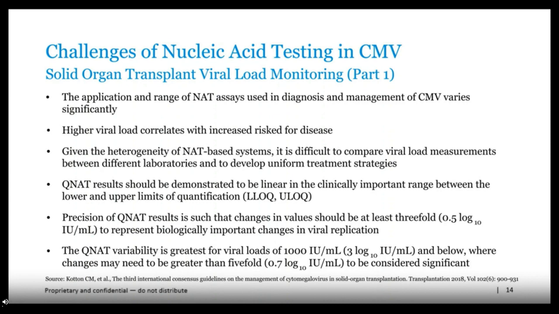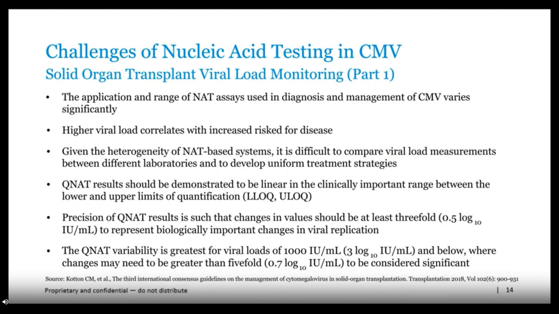Quantitative nucleic acid results should be demonstrated to be linear in the clinically important range between the lower and upper limits of quantification. Precision of quantitative nucleic acid test results are such that the changes in value should be at least threefold, or 0.5 log, to represent a biologically important change in viral replication.